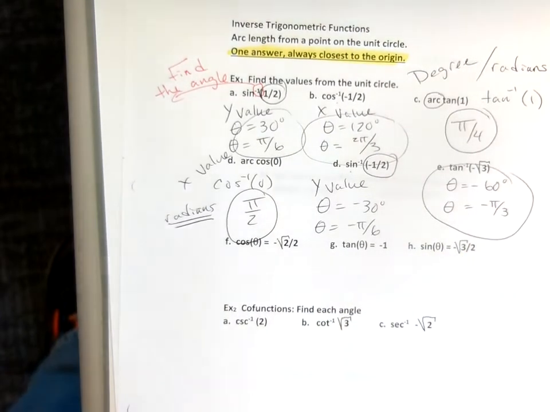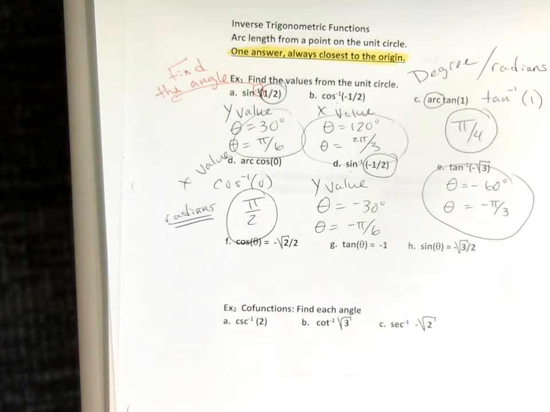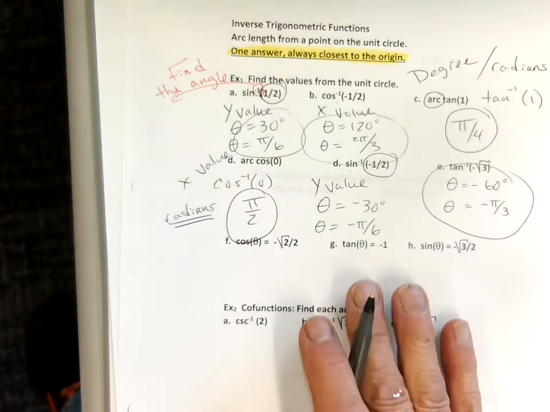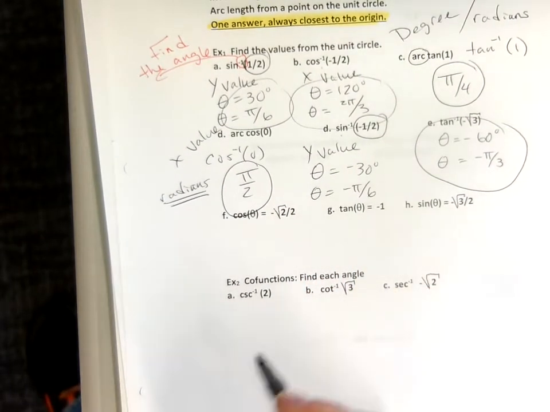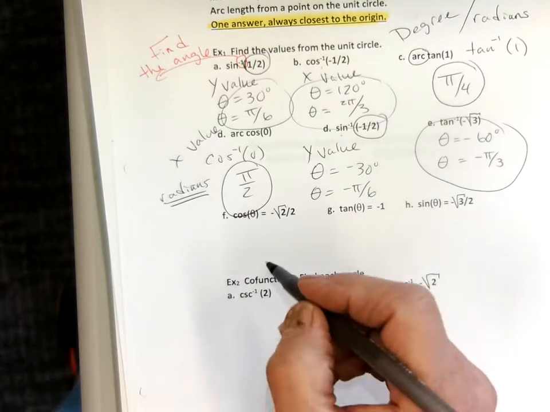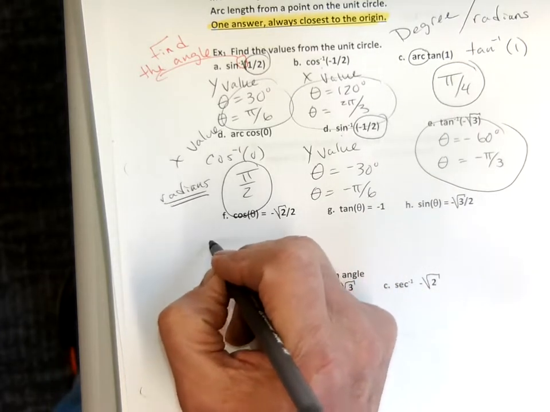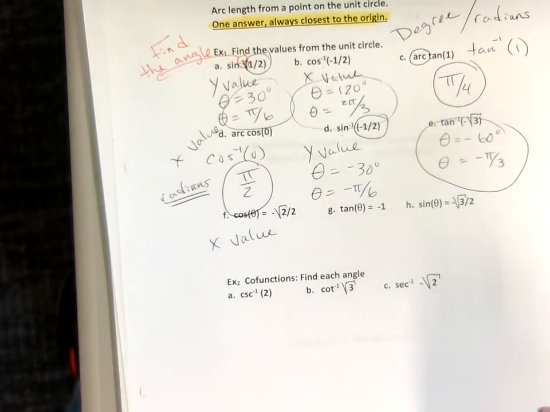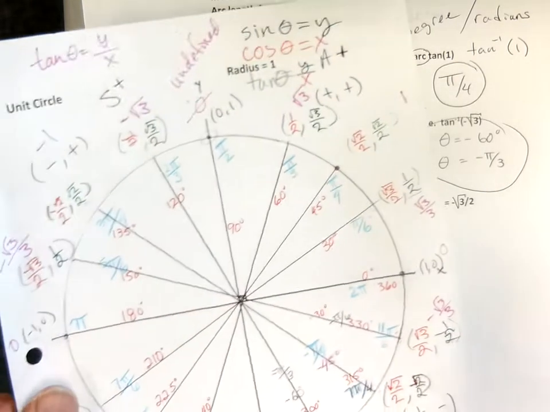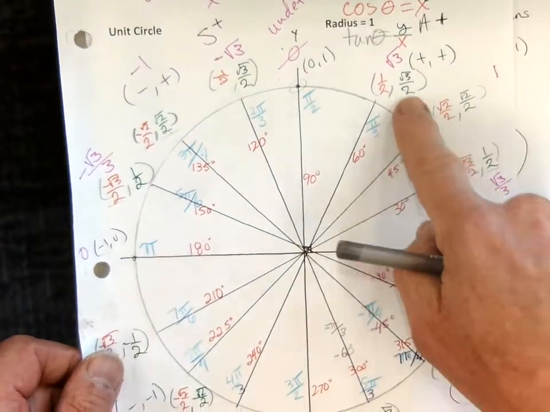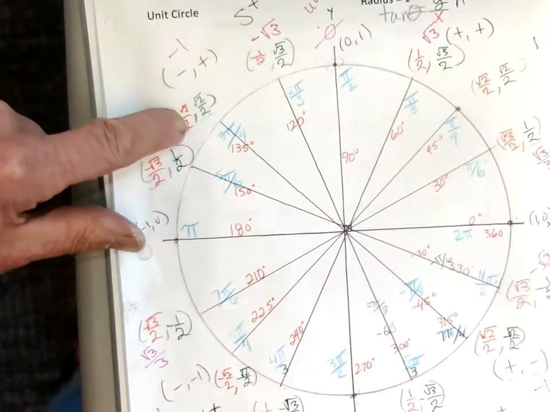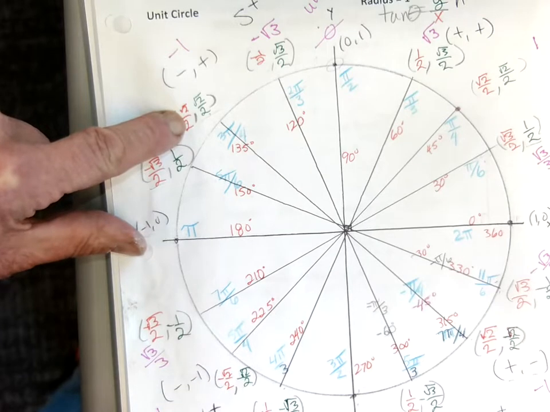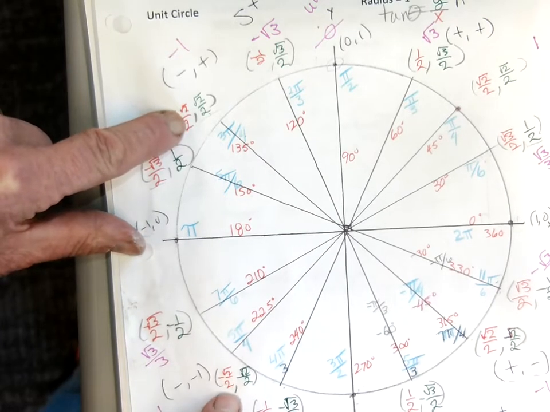Okay, if I get going too fast, ask the substitute to pause it, and you guys can catch up, okay? I'm hoping I'm not going too fast. Cosine, okay, x value. So I'm looking for negative square root of 2 over 2. Cosine is my x values. Negative square root of 2 over 2 is here, and it's also here, for x value.